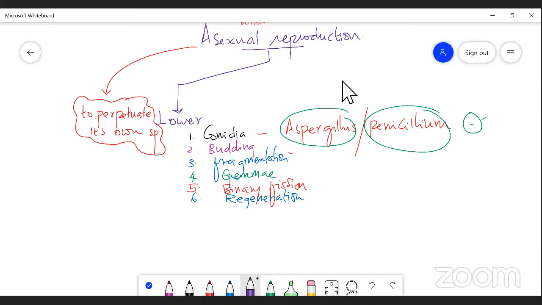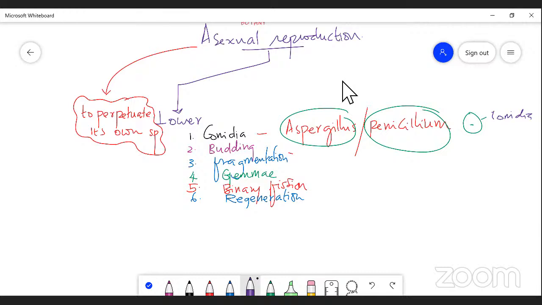This is a method. What is conidia? Conidia is a spore-like structure, unicellular in nature, that is responsible for the formation and development of a new organism in case of Aspergillus and Penicillium. That is a right example for conidia formation.